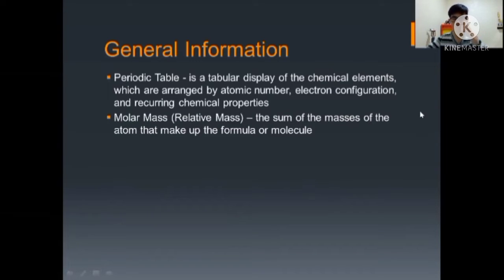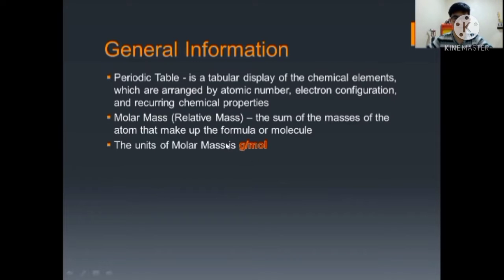You add the mass of hydrogen and oxygen, and H2 means 2 hydrogen, so you multiply the mass by 2. So 2 plus the molar mass of oxygen, which is 16, and the molar mass of hydrogen monoxide will be 18. Also, the unit of molar mass is gram per mole.